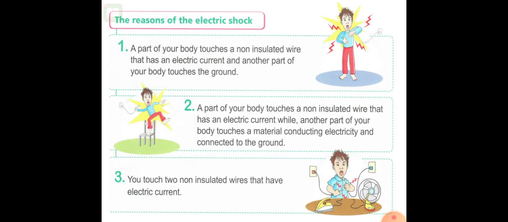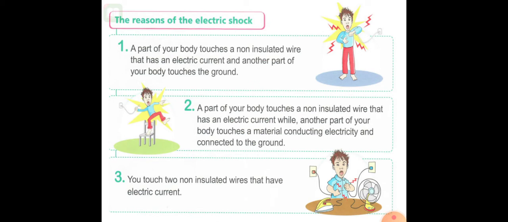Okay, what are the reasons of the electric shock? Number 1, if a part of your body touches a non-insulating wire that has an electric current inside it, and another part of your body touches the ground, it may cause electric shock.